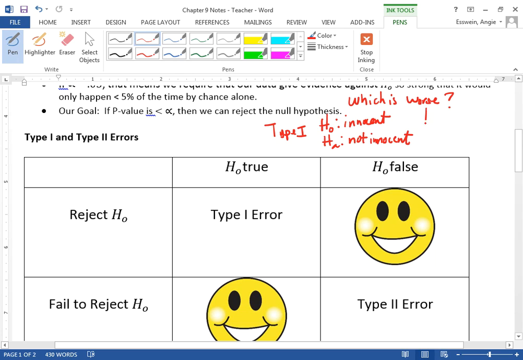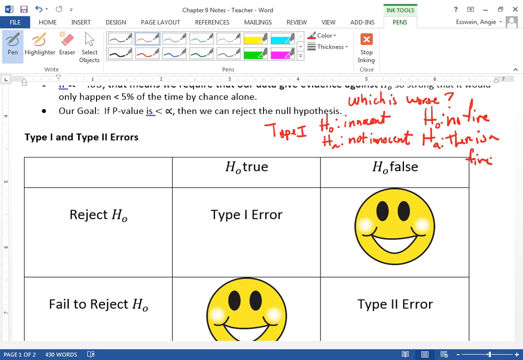Okay, now let's try this one. Let's say H naught is that there's no fire, and the alternative is that there is a fire. Type 1, we reject H naught. So there actually is no fire, but we think there is a fire. Type 2, we fail to reject H naught.